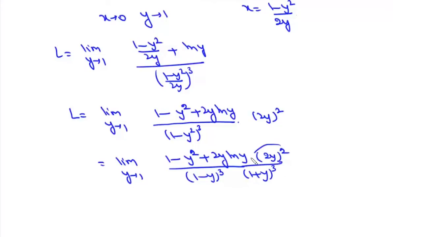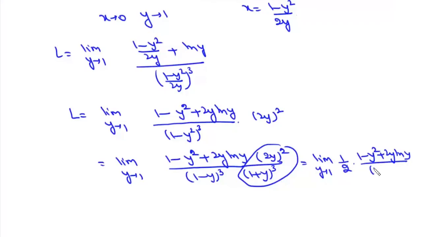Now we don't have a problem with this because here it is 2 into 2, which is 4, and here it is 2 cube. So it will be 1 by 2, and this is 0 by 0 form. So we can write this as limit y tends to 1, 1 by 2 into 1 minus y square plus 2y log y upon 1 minus y whole cube.